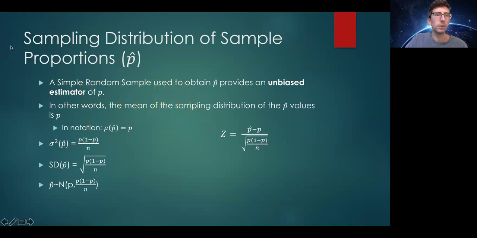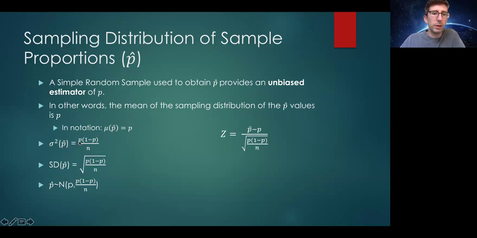Get rid of those beautiful drawings. Excuse me. That the mean of all of those sample p hat values is the population proportion, right? So the mean of all of our p hats, right? If we could take all the possible samples, calculate all the possible p hats, would be equal to the population proportion. And then, yes, the variance of the sampling proportions, right?